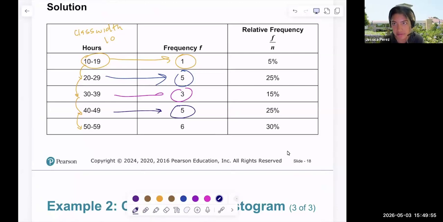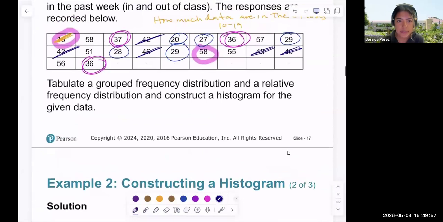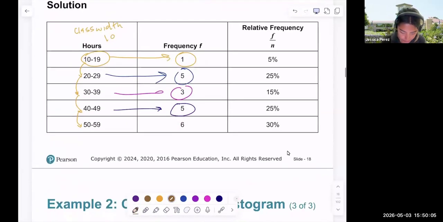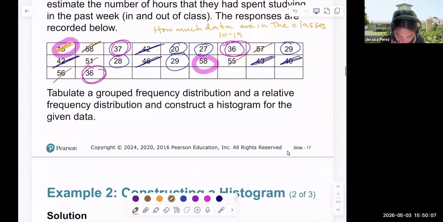What about 50 to 59? So 50 to 59, how many do I have? I have 1, 2, 3, 4, and 5. Oh, and I'm missing one. So it's going to be 1, 2, 3, oh, 4, 5, 6.